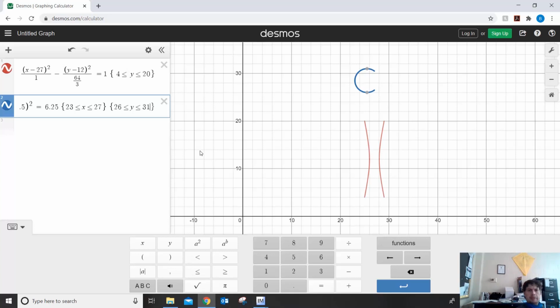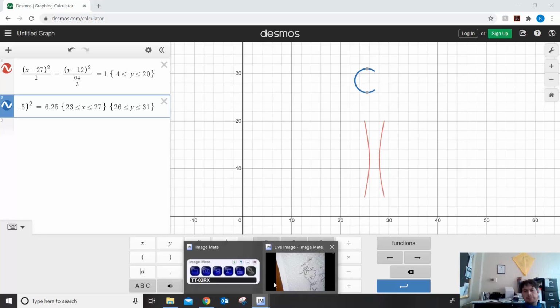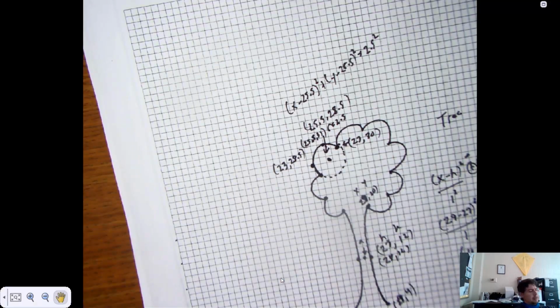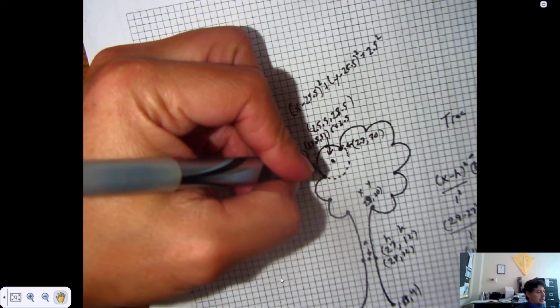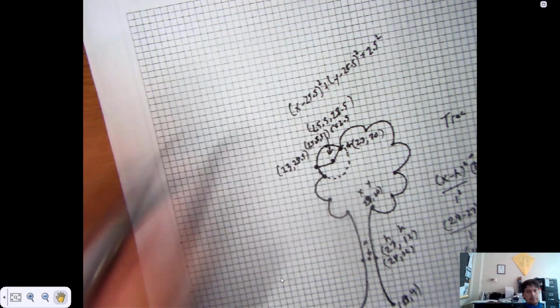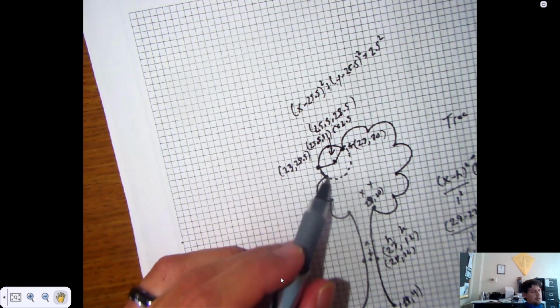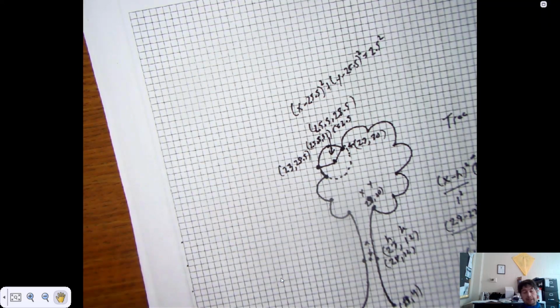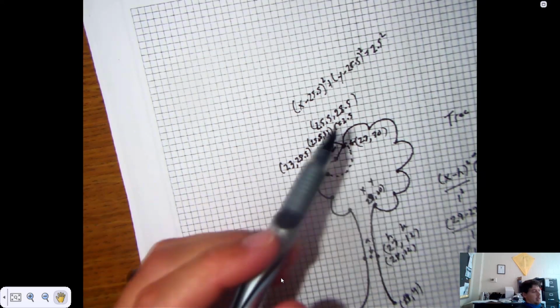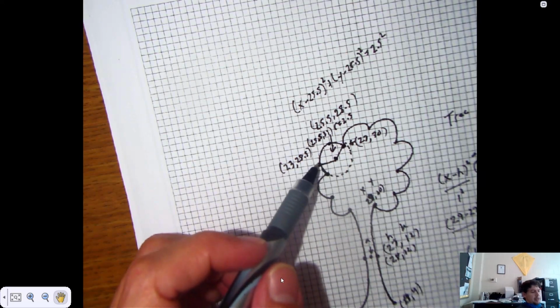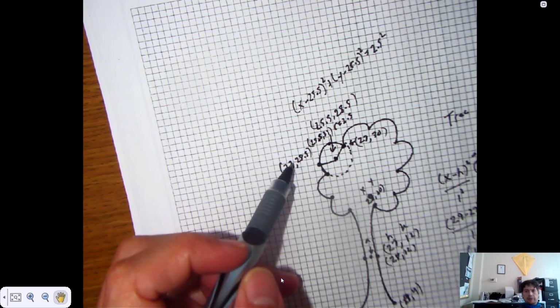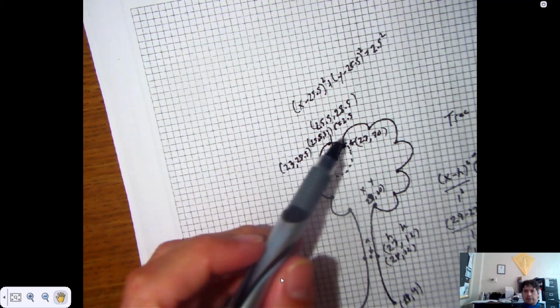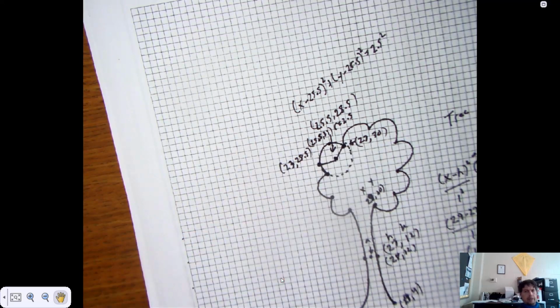Well, here's what I'm going to do. I'm going to actually do the circle twice, and this is pretty common with circles. What I'm going to do is I'm going to draw this part of the circle, okay? And then I'm going to draw this part separately. So I'm actually going to have to put in two equations to get the circle, and it happens. I'm going to restrict this with X and Y. I'm going to have X values between 23 and 27, just like I have.